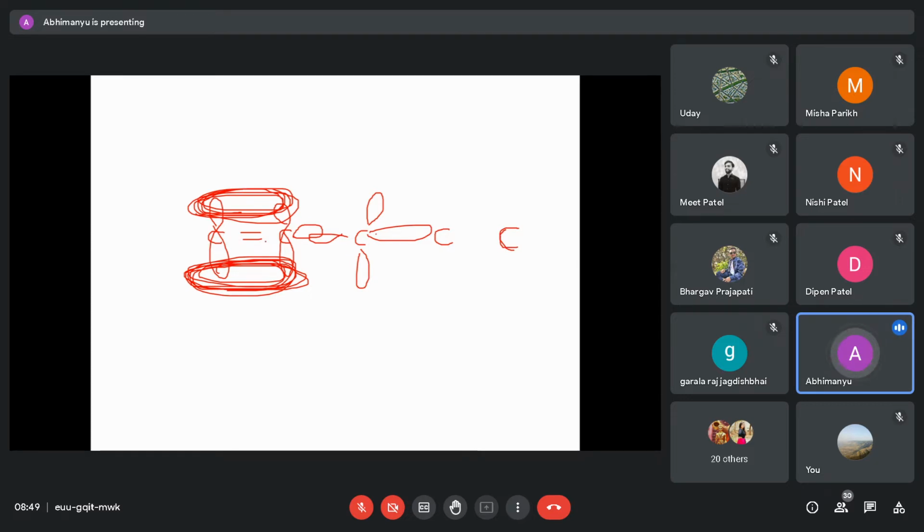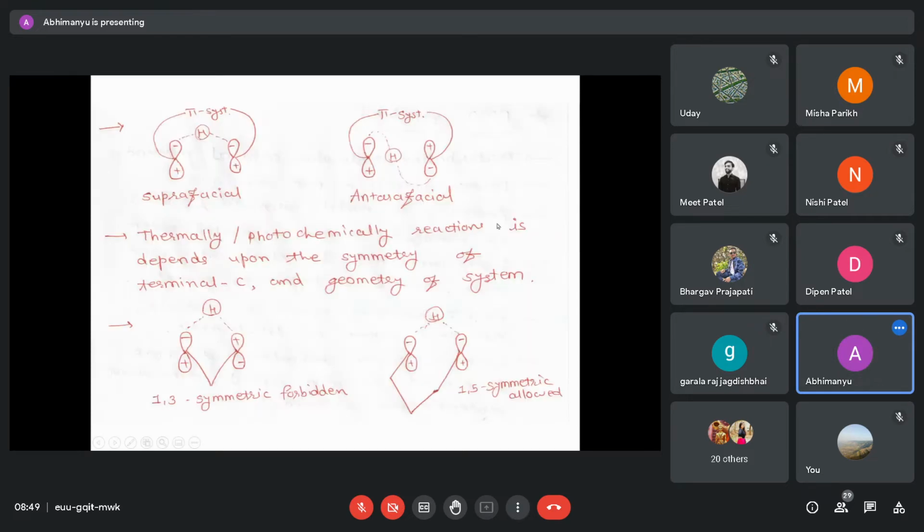Yes, in the 1,5 example, symmetry is possible, because the joining of one edge to the last edge, same side joining, is possible.